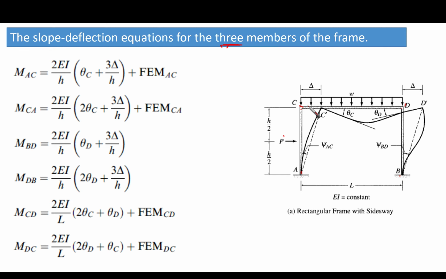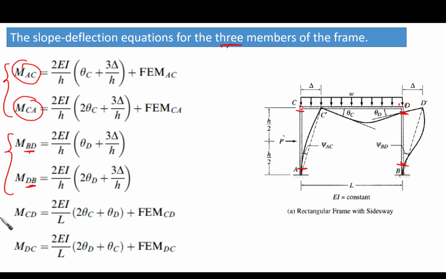For member AC, we are going to apply it at A and at C. So as you can see here, MAC, MCA. This is for member AC. Then we are going to apply it for member BD, one at B, one at D. So we're going to have MBD, MDB.